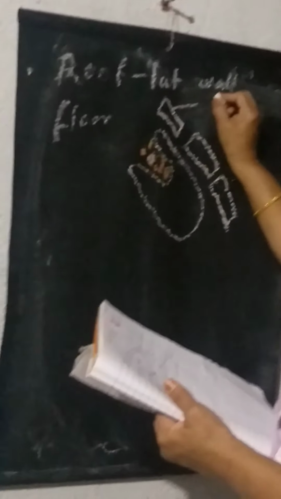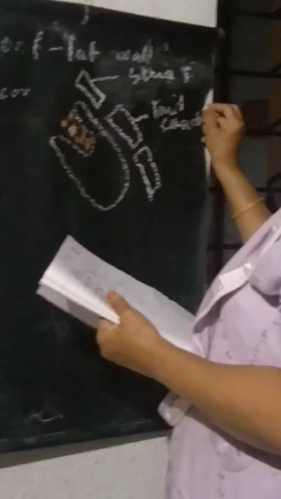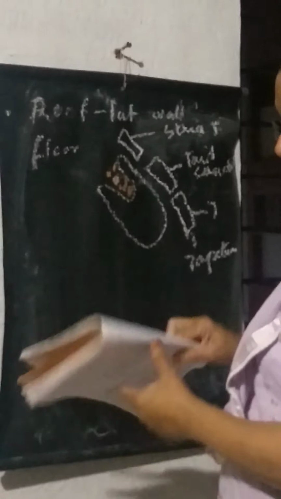So the roof of the lateral ventricle is formed by the stria terminalis, the tail of the caudate nucleus, and the tapetum. Then the floor is formed by the collateral eminence of the collateral sulcus.